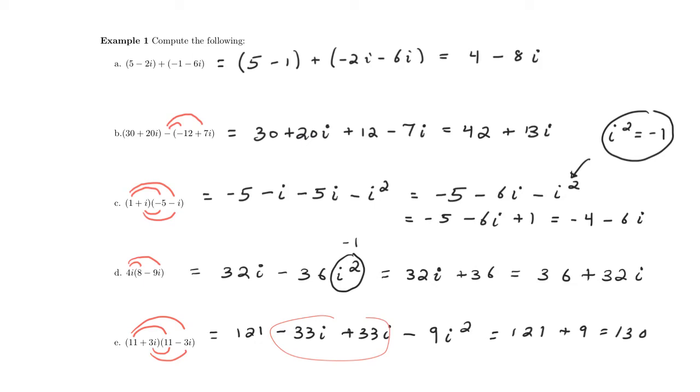So anytime that you multiply a number like this, and then you just switch it to either positive or negative, just whatever it is opposite from here, you're always going to get that these middle two terms cancel, which is just going to leave us with a number that's real. It's not even complex. This piece here, this 11 minus 3i, is called the conjugate. It's where you take a complex number and you just switch it from positive to negative, and the product of these two things will always be a real number.